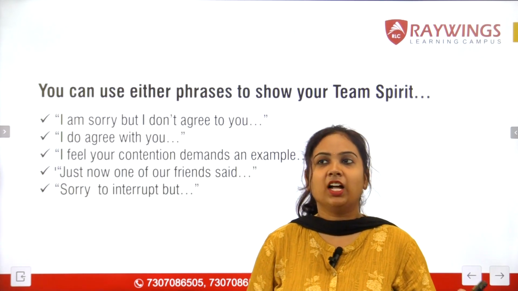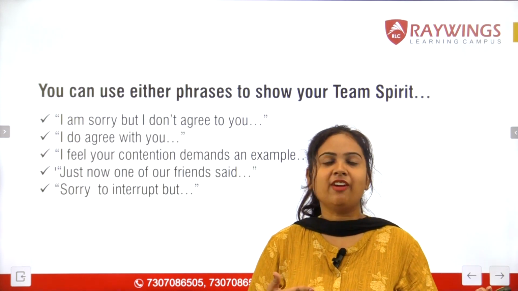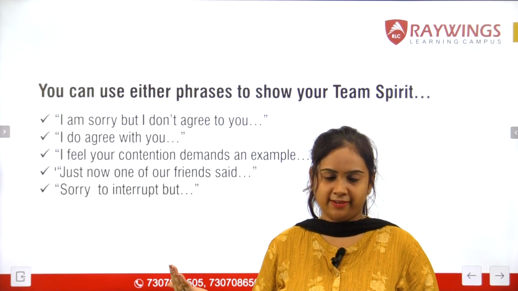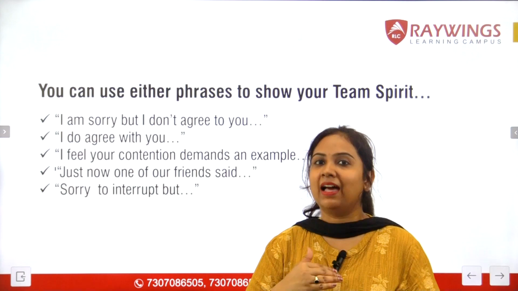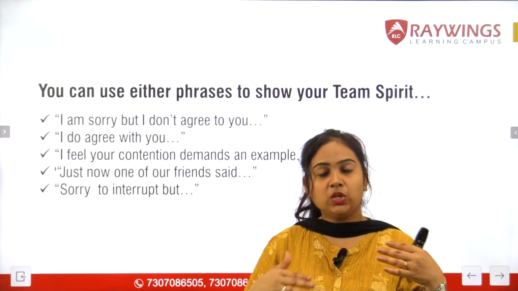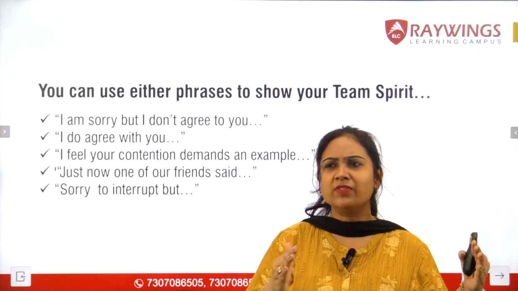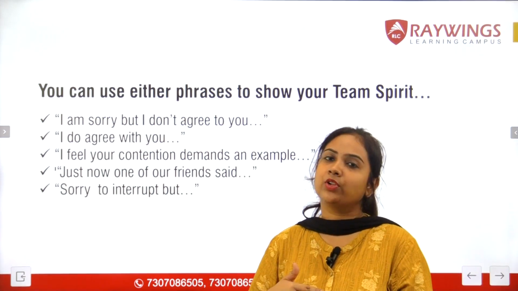So you can say, I appreciate your point. However, I have got a different viewpoint altogether. Now, here you are disagreeing, but you are not blunt that I disagree with you. You are saying that you really appreciate whatever their opinion is. However, you have a different point of view.